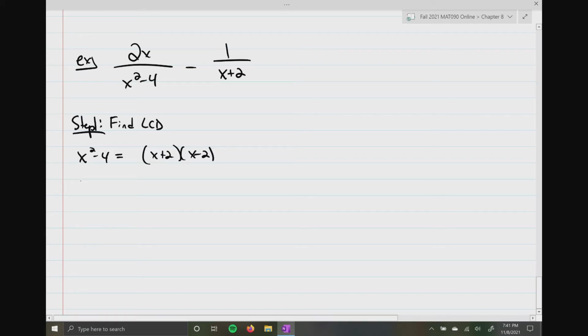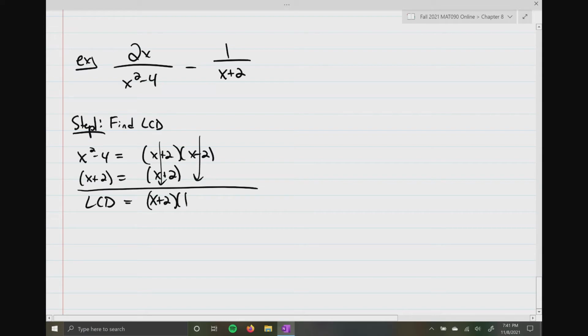And then x plus 2 doesn't factor at all, so it stays x plus 2. And now my LCD, just drop everything straight down. It's going to be x plus 2 times x minus 2. All right, so that's really simple.